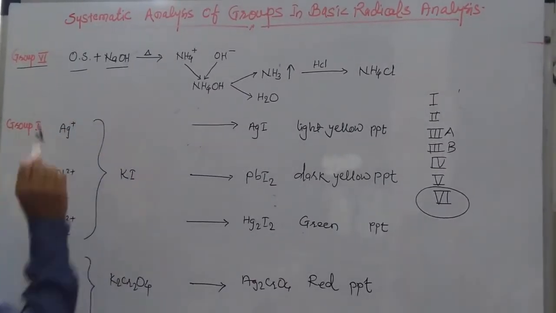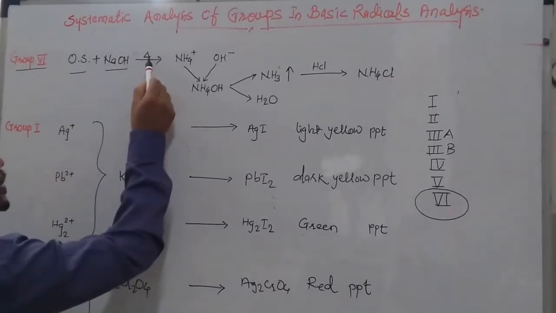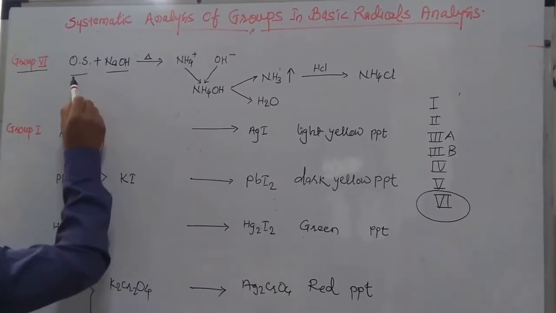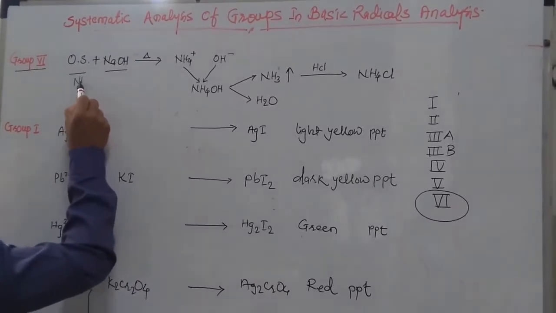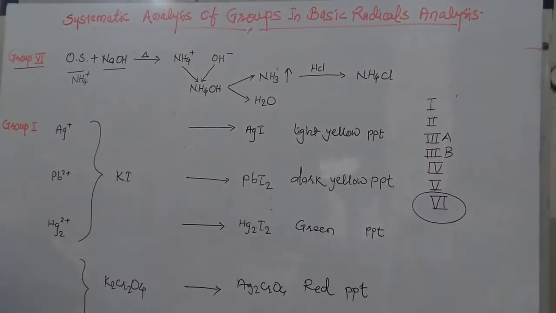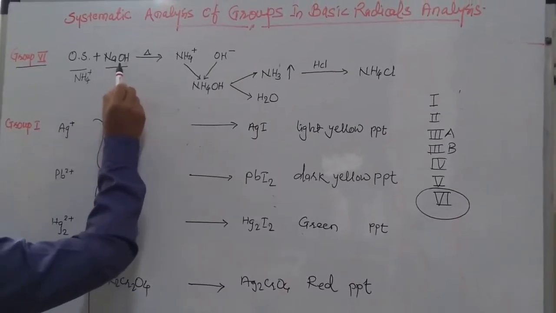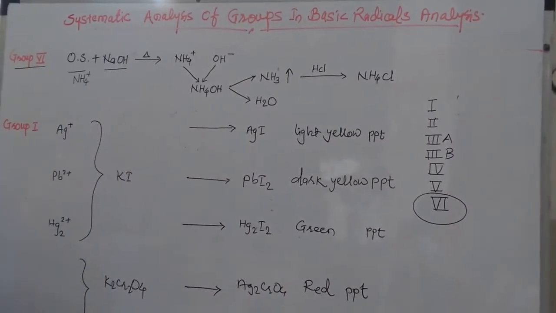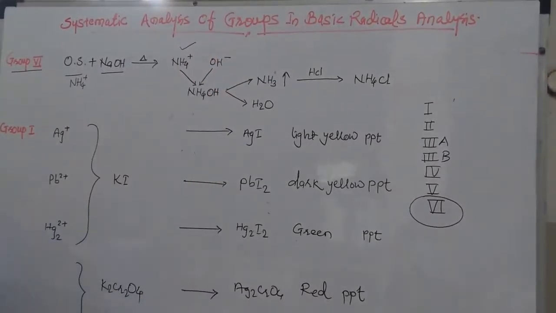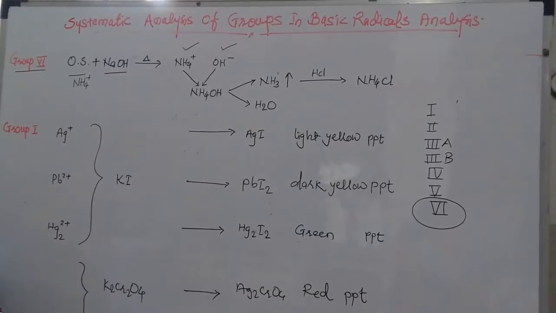If we add a small quantity of NaOH to the original solution and heat this mixture, then the NH4 plus basic radical, if present, reacts with NaOH and forms NH4 plus ion and OH minus ion in the solution.